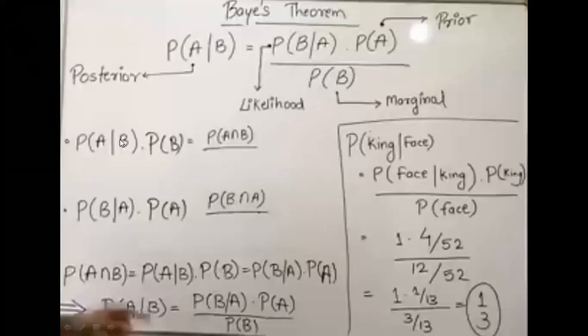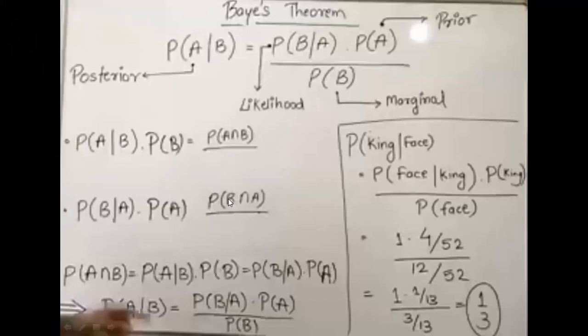In other words, we have to find the probability of event A given that B has already occurred. This is referred to as a hypothesis. So I define P of A bar B is equal to P of A intersection B divided by P of B.